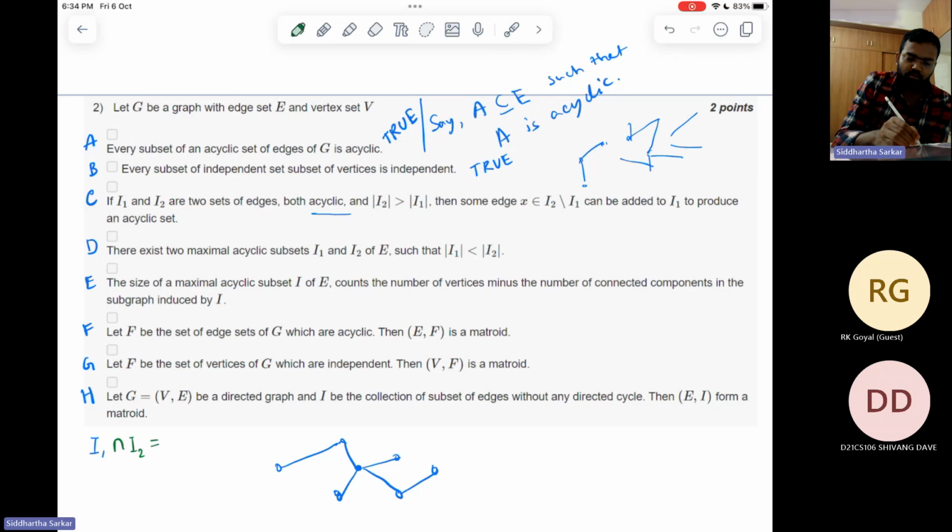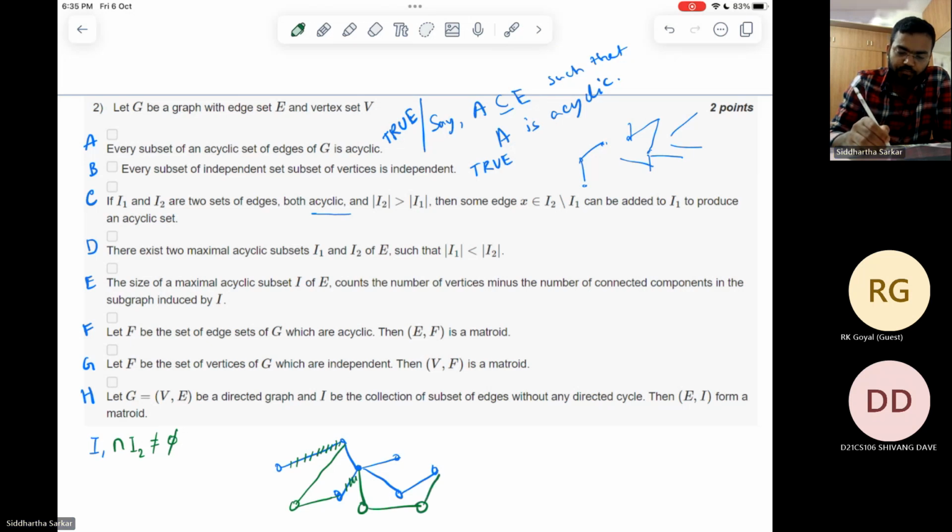We are not imposing that, so maybe there is some edge which is in both I1 and I2. But I2 has strictly more edges than I1. That much we know.